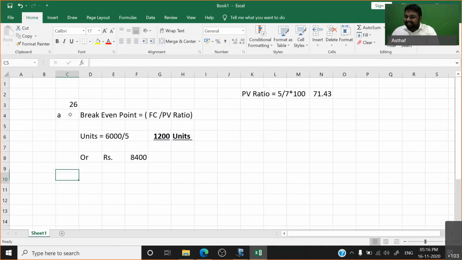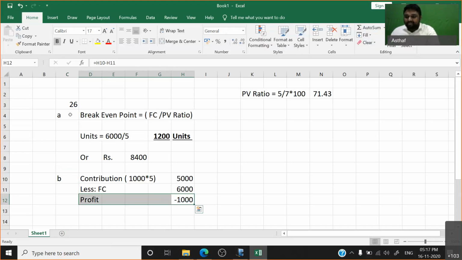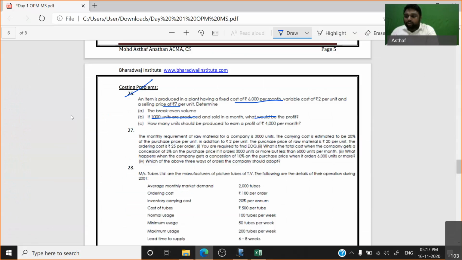The profit will not be there; there will be a loss. The loss is 1,000.